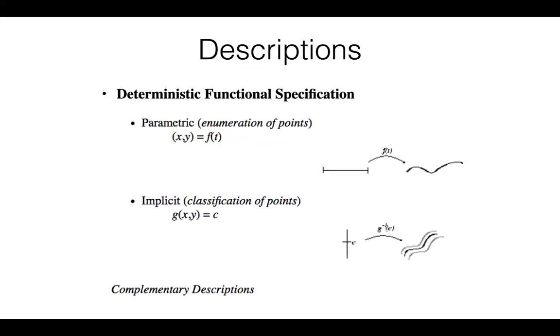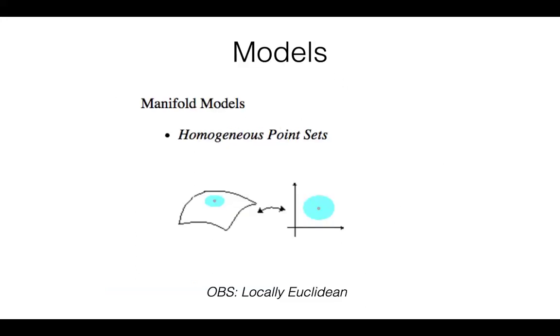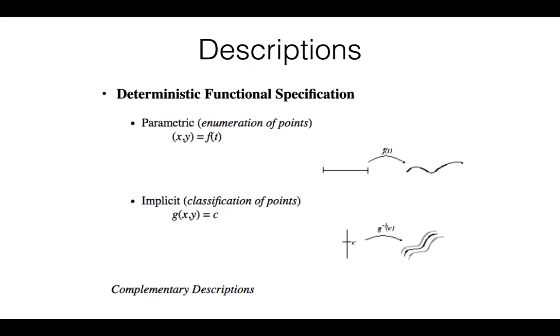And to describe these shapes of manifold models that are homogeneous point sets, we are going to use a deterministic functional specification. And basically, there are two kinds of functional specifications for manifold models that we are going to use. First is a parametric description, and then the implicit description.